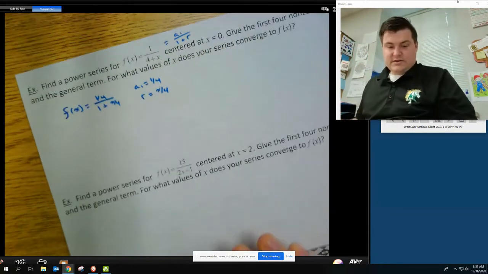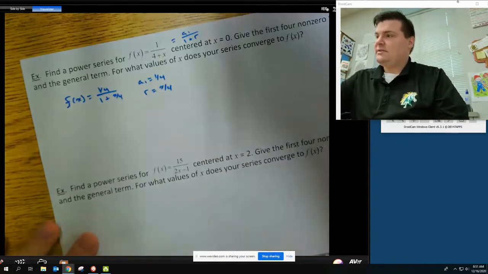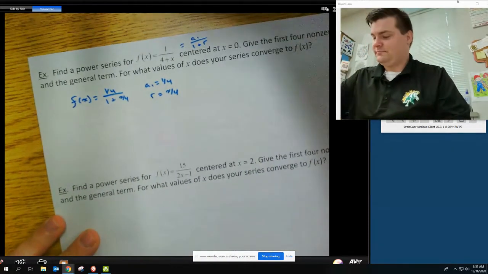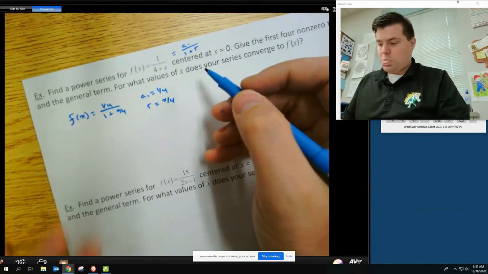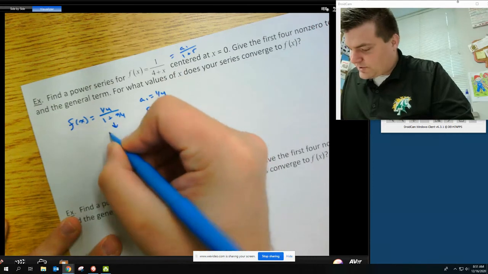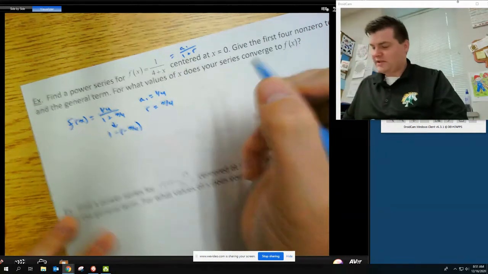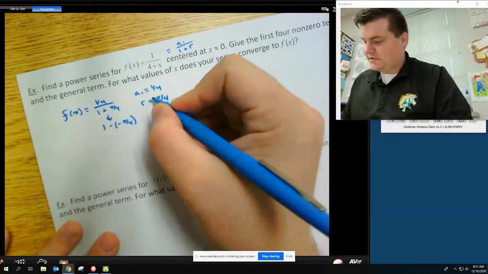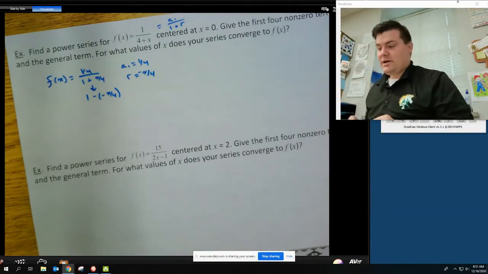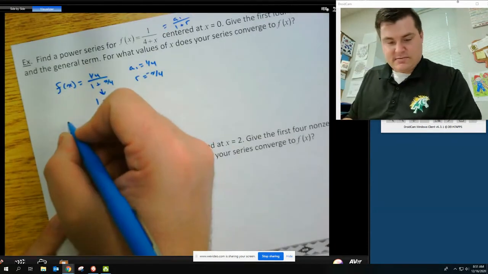Okay? So now when I do this, now it needs to be a minus, mind you. So it's going to be the same thing as 1 minus a negative x over 4. This is really supposed to be negative right there. Caught that one. So just be aware of that. All right, so this is going to be the series.